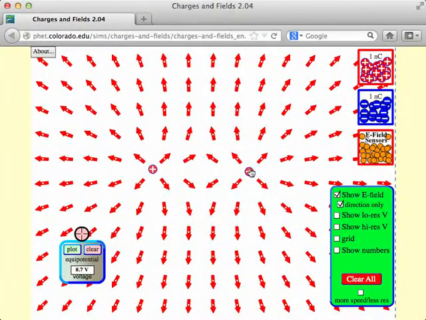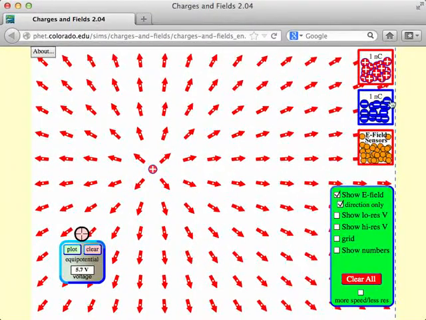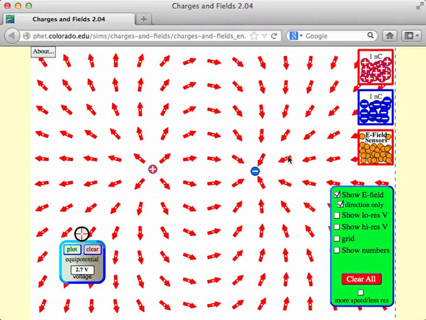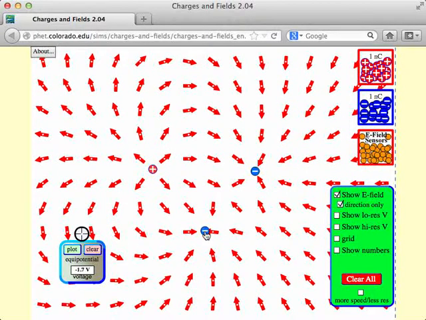All right, we needed a positive and two negatives, right? So we see straight away from the positive. This one actually curves a little bit. You can manipulate it a little bit to have it be a straight line, but what we see is straight away from here, splitting in between them.